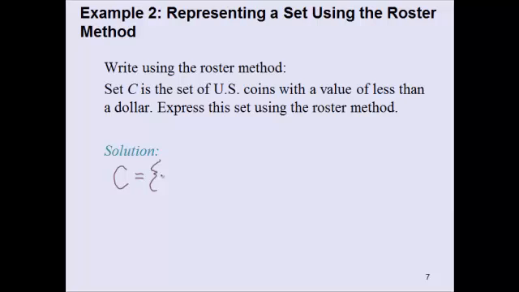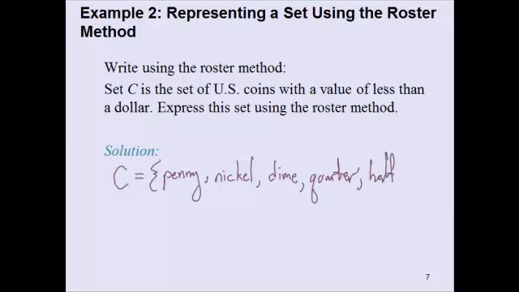Okay, ascending value. So we're going to use penny, smallest value, nickel, next smallest value, dime, quarter, and half dollar.